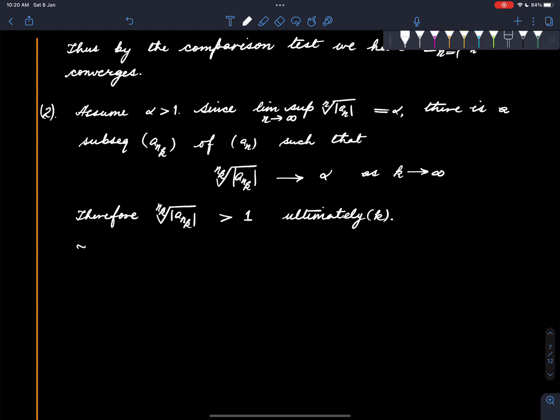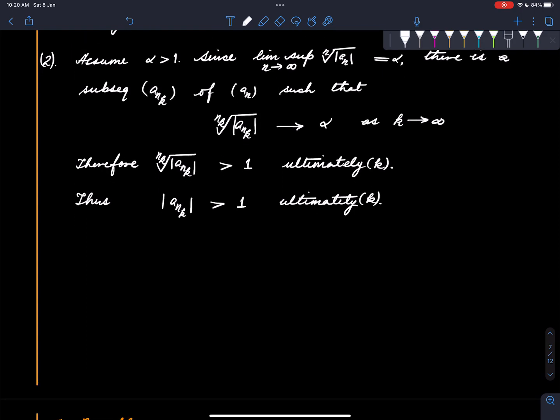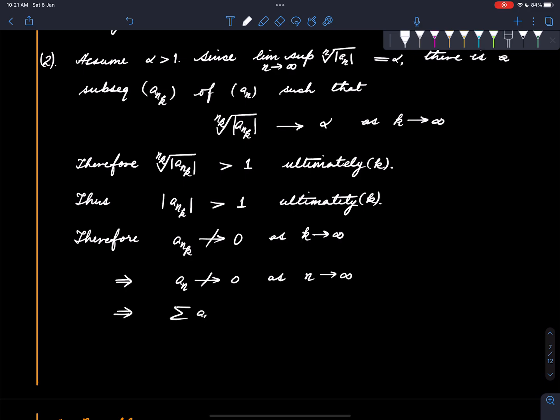Which implies that this guy is greater than 1 ultimately over k, and therefore this sequence does not converge to 0 as k approaches infinity, which implies the original sequence does not converge to 0 as n approaches infinity, which implies that this thing does not converge.